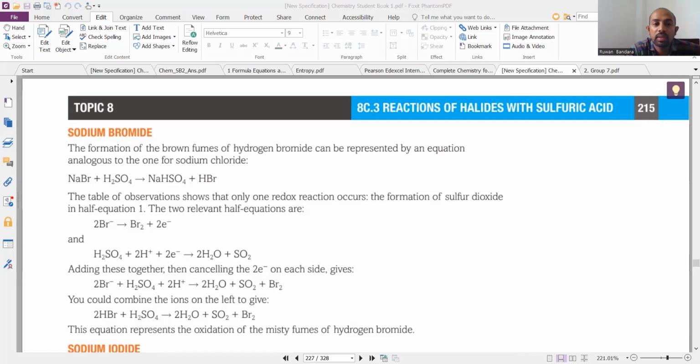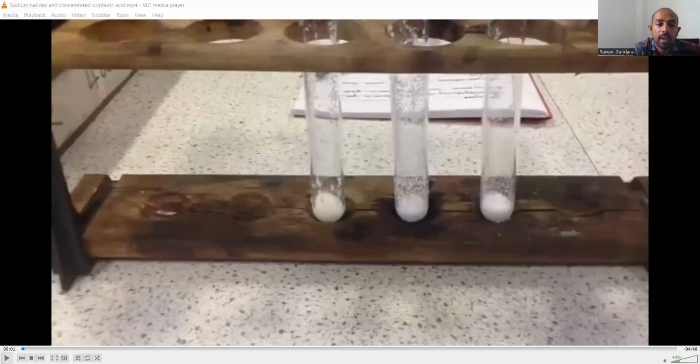Can you all see the screen? Yes. Can see, right?